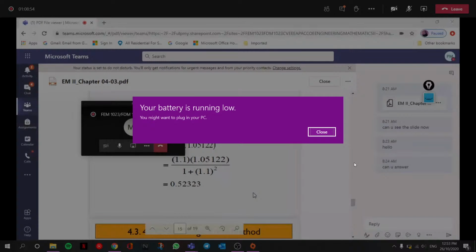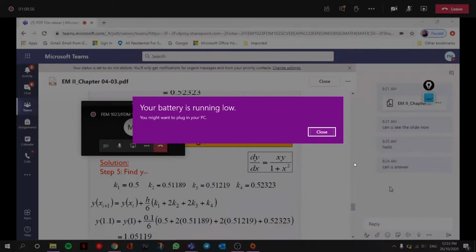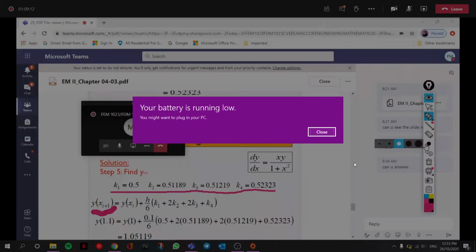Now the final part. You have all these K1, K2, K3, K4. Now you use the formula for yi plus 1. What is the meaning, class? This is your next y, next output, using this formula.